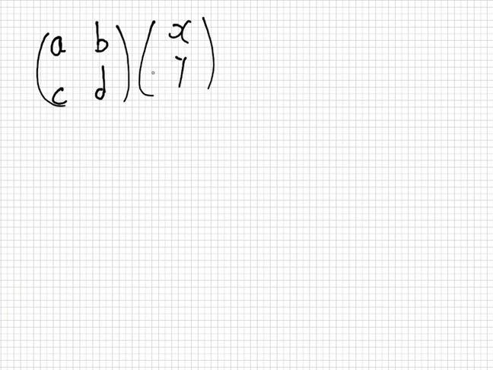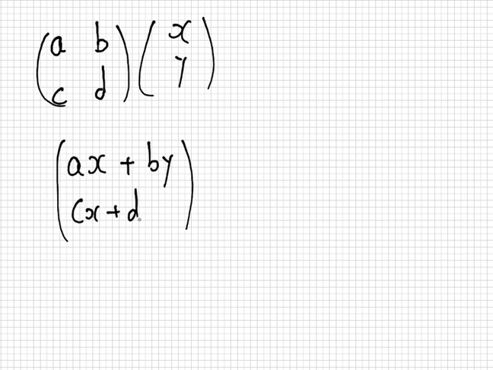So let's go back to my example at the start. Let's multiply this. If I multiply this, what do I get first? AX plus BY, and then underneath what do I get? CX plus DY. Now you realize if I write here equals PQ, then I actually have two statements. Statement 1, statement 2.